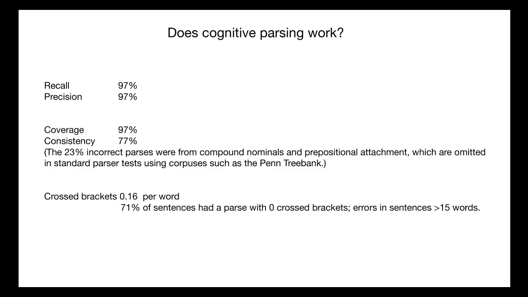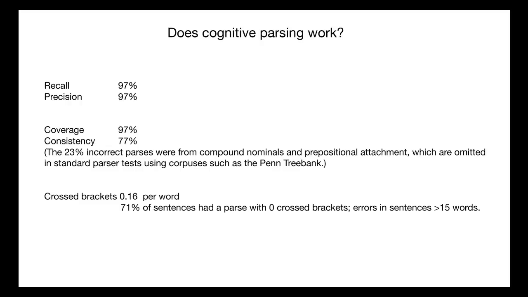Now, does it work? So I'm guessing you guys don't worry about linguistics much, but there's some standard metrics, like recall and precision for this thing are 97%, coverage and consistency are 77%. Basically, consistency is how many correct parses do you get?